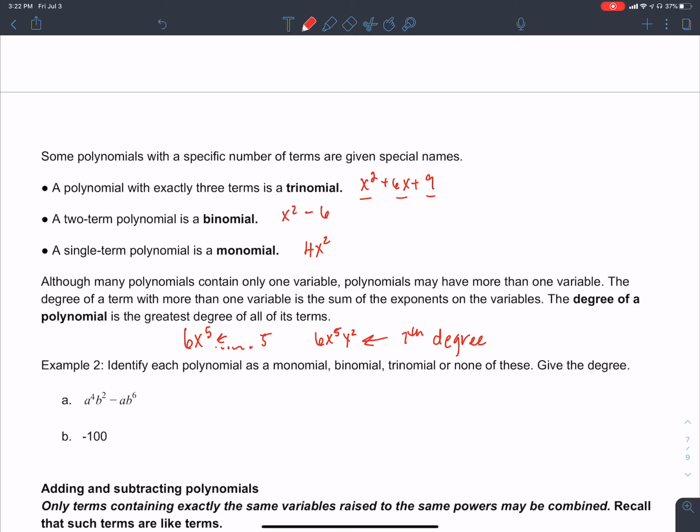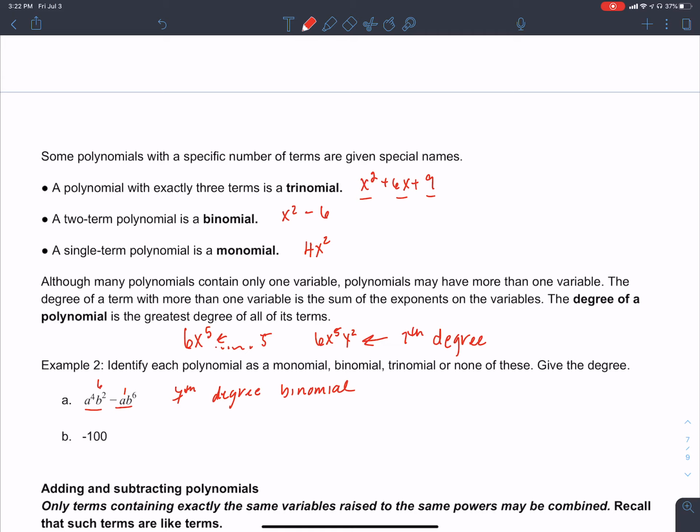Okay, so here we go. First, let's put this one in order. Well, no, we want to sum it. So 4 plus 2 is 6. 6 plus 1 is 7. So this is going to be a 7th degree, and it's 2 terms, so it's a binomial.